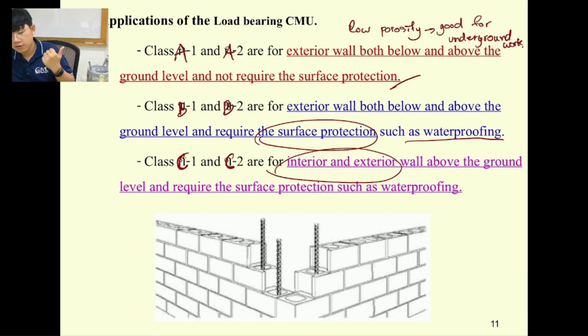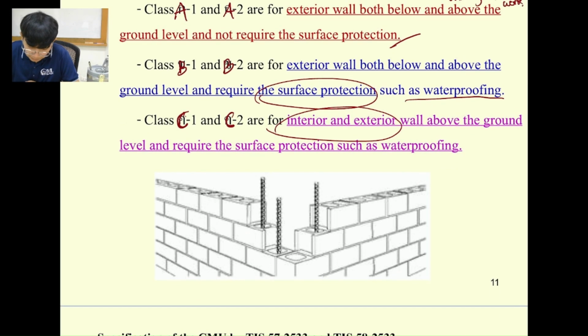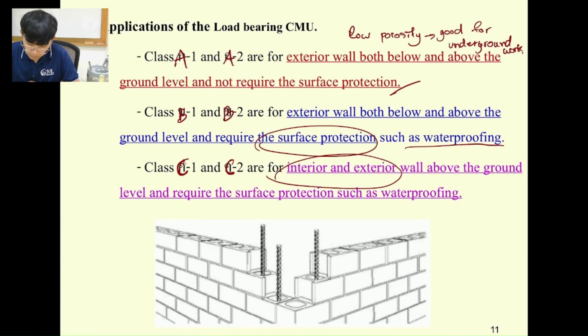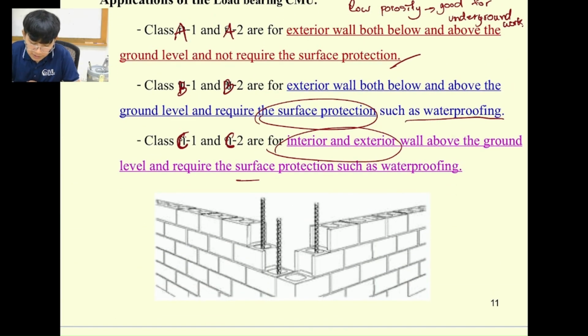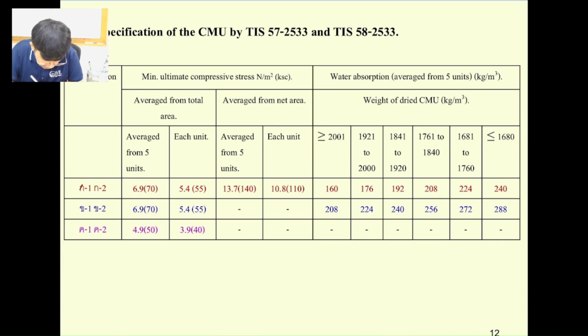For example, like the wall, or maybe for the fence. And it also requires some surface protection as class C over here. This one is A, this is B.